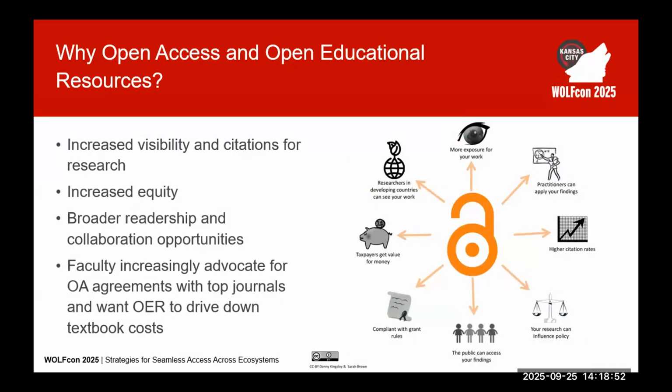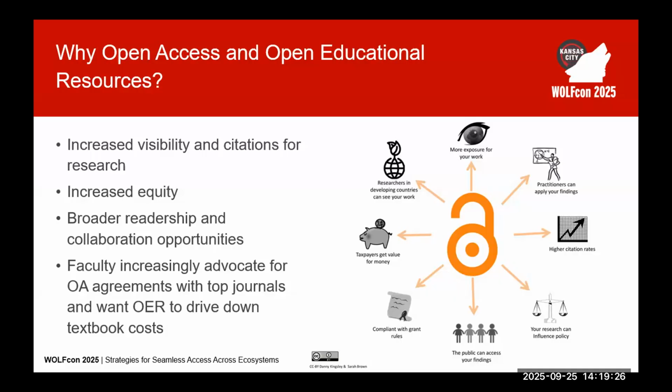So why are open access and open educational resources important? Why are we focusing on them so much more? Well, increased visibility and increased citations, the ability to expose materials, creates a broader readership and more possibilities for collaboration between researchers. There's also a real focus on increasing equity of access to materials for people in developing nations and in smaller, less funded institutions.